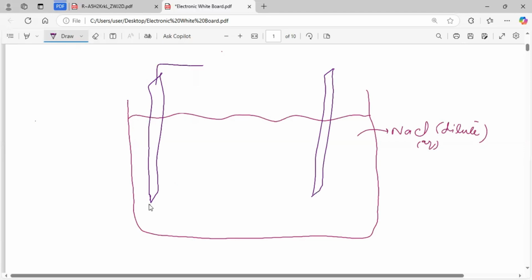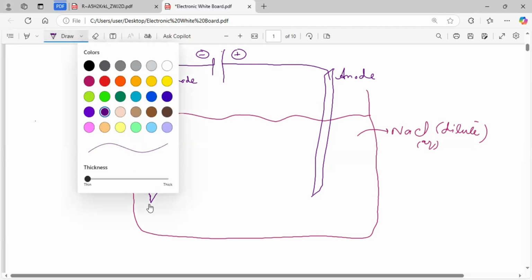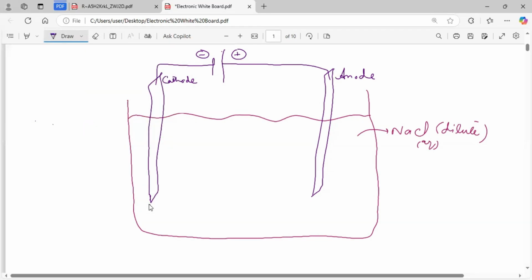This one will be connected to the negative terminal of the battery, whereas this one will be connected to the positive terminal of the battery. This will be called the cathode, and the positive electrode connected to the positive terminal of the battery will be called the anode.